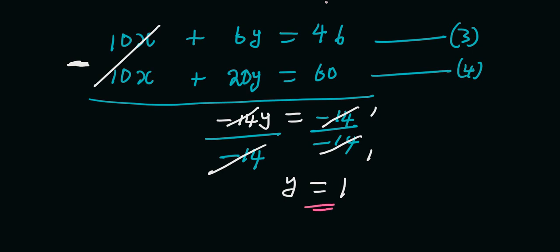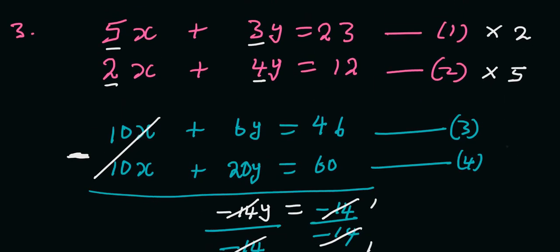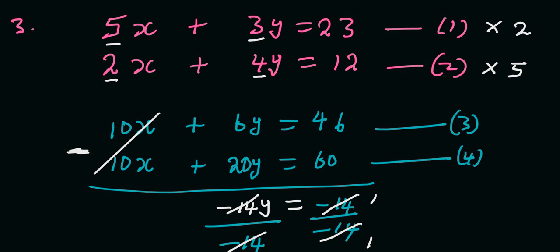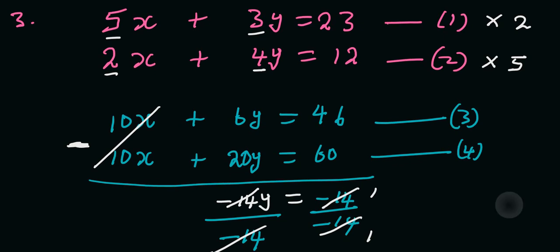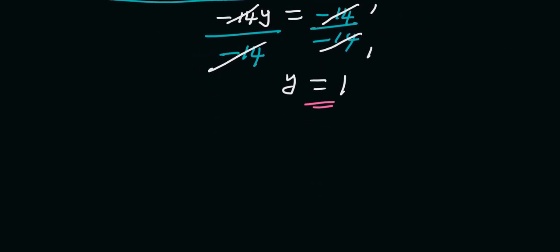We are going to substitute this value into any of those 4 equations and find the value of x. So let's substitute this value into equation 1. We have 5x plus 3y equal to 23 in equation 1.